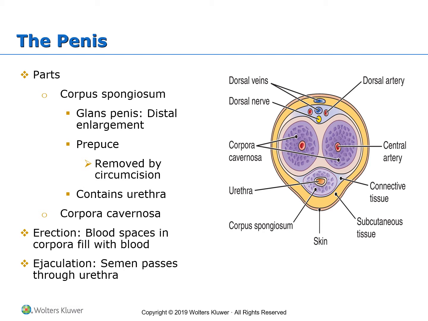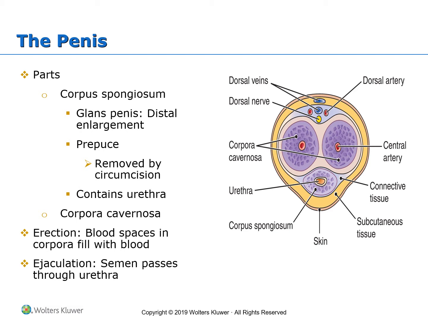You have a single, ventrally located one, the one on the bottom of the picture, the corpus spongiosum, that will contain the urethra inside. And on top of it, you have the two largest bodies that are called corpus cavernosum, or corpora cavernosa.